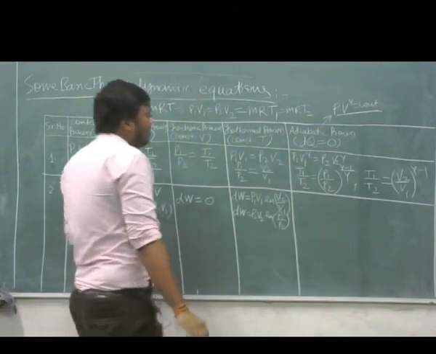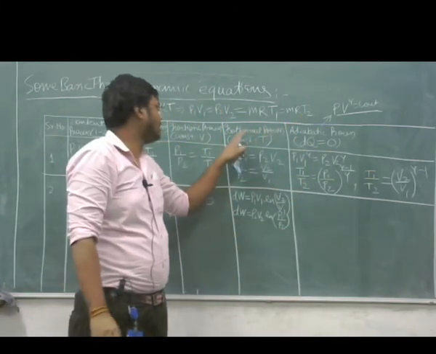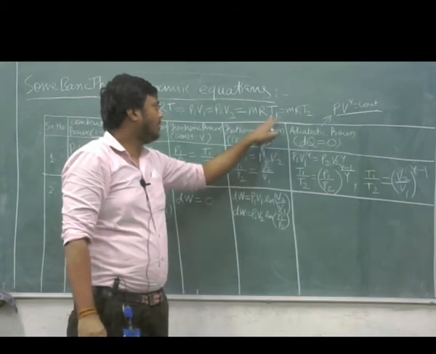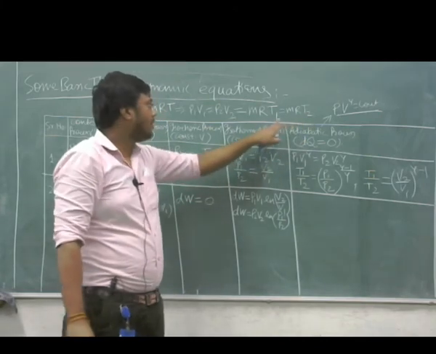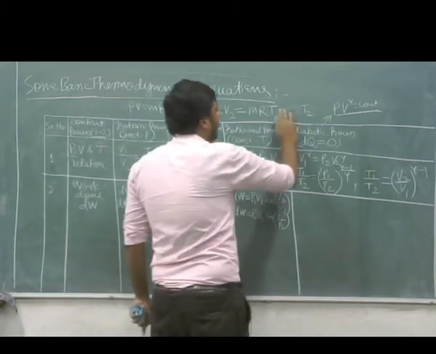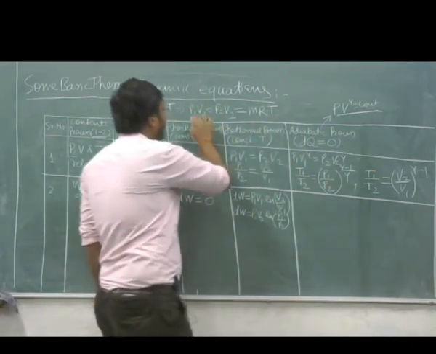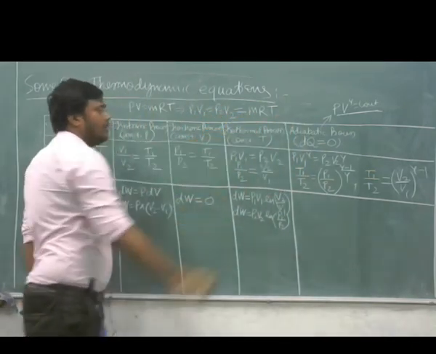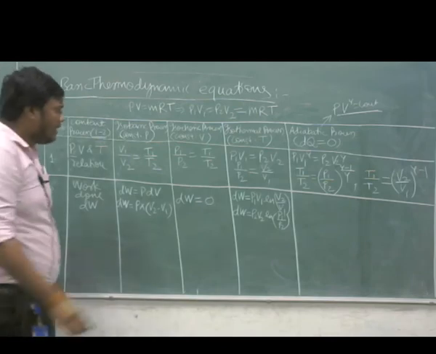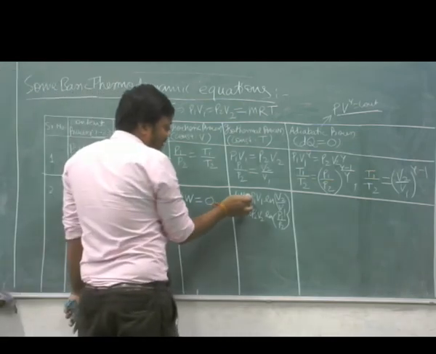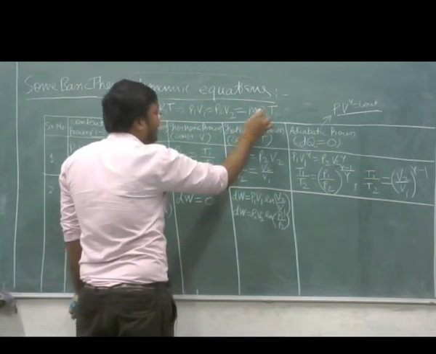T1 and T2 don't matter because it is an isothermal process, so T1 should be equal to T2. So here we can write P1 V1 is equal to P2 V2 is equal to MRT. So we can replace these values by MRT.